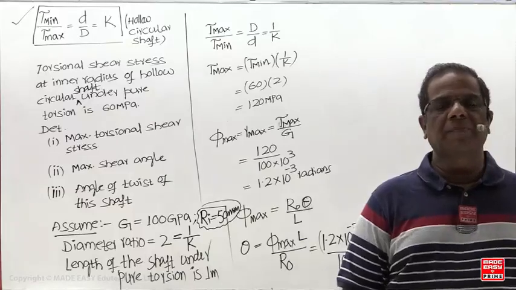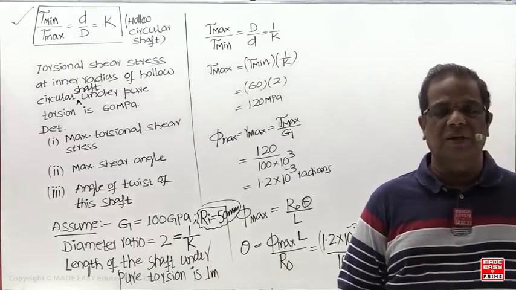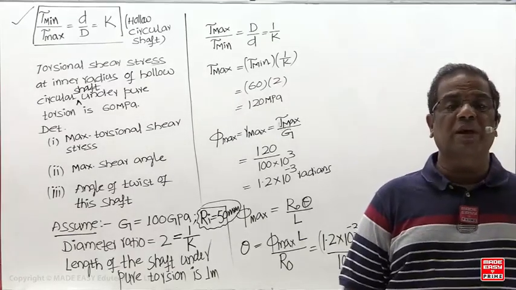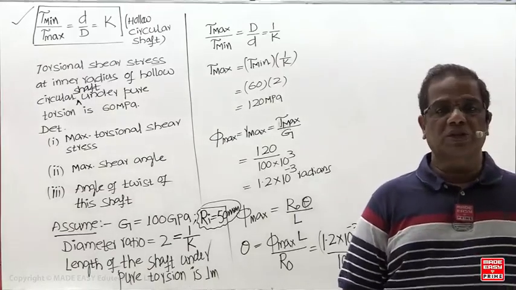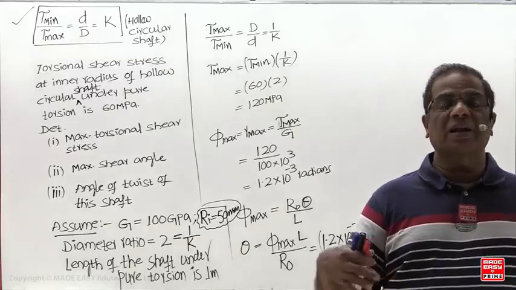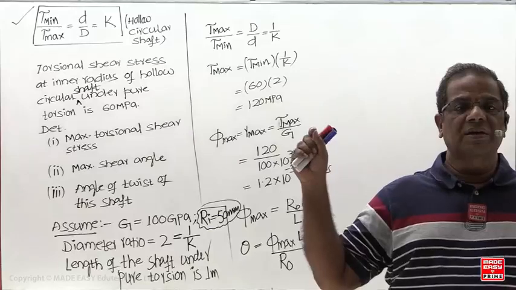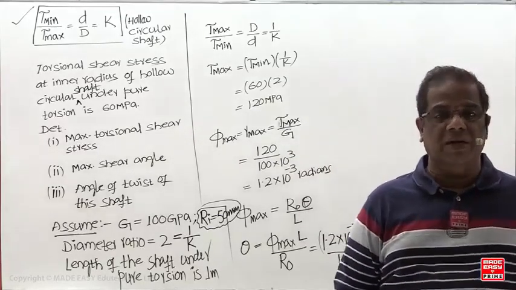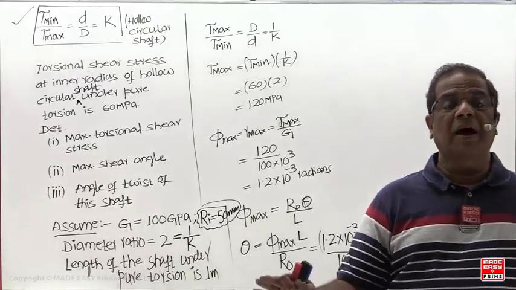But what have you studied? Any stress on the cross section is independent of the material, directly proportional to the corresponding load, and inversely proportional to the cross-sectional dimensions. I clearly mentioned at the start that stresses on the cross section, that is axial, bending, torsional shear, direct shear, are all independent of the material.